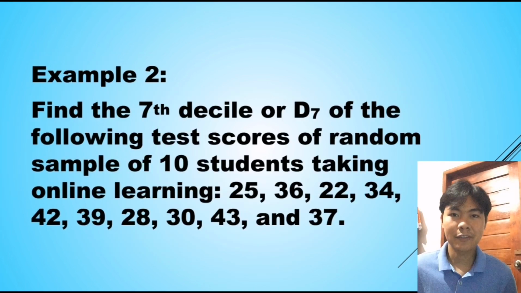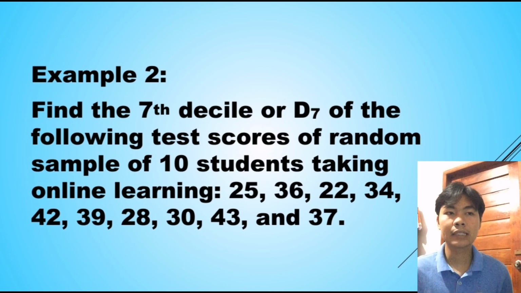Okay, let us proceed to our second example. Find the 7th decile or decile 7 of the following test scores of a random sample of 10 students taking online learning: 25, 36, 22, 34, 42, 39, 28, 30, 43, and 37.